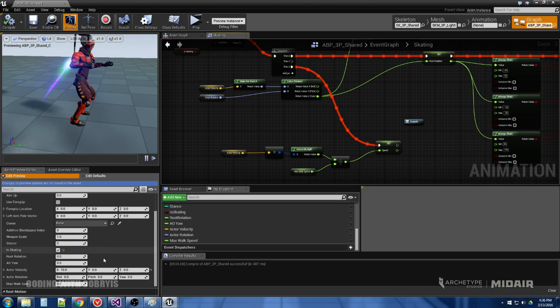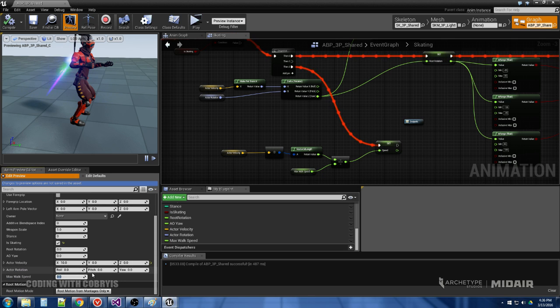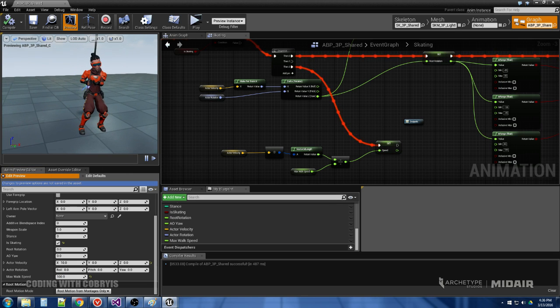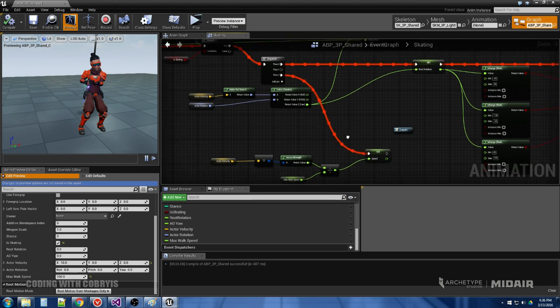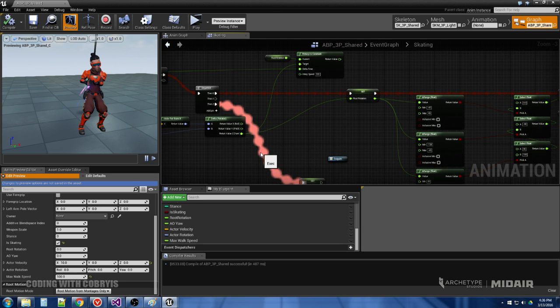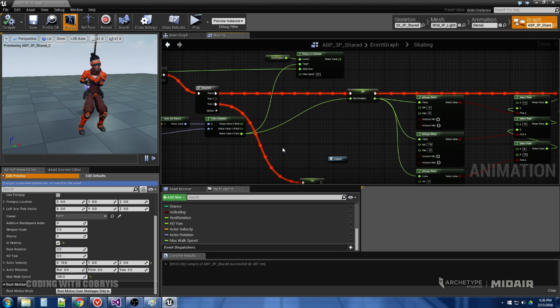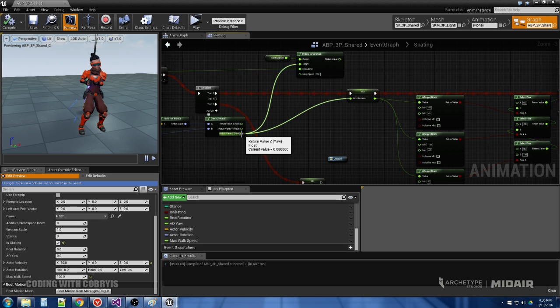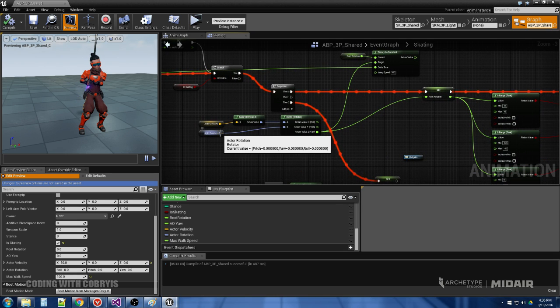Okay, gotta change the max walk speed. Actor rotation.